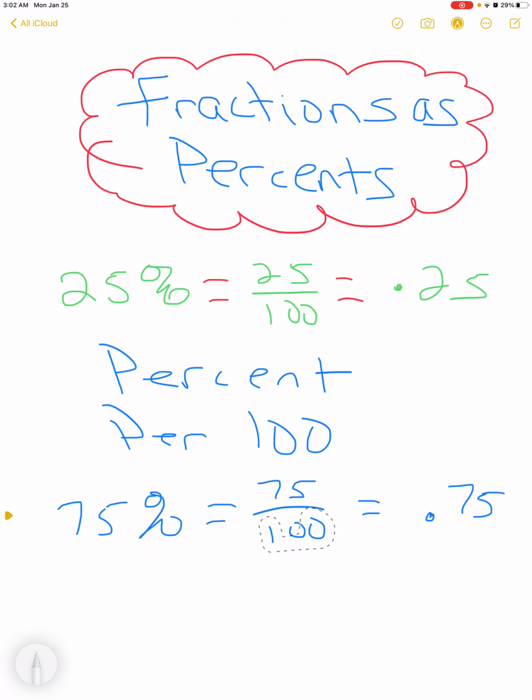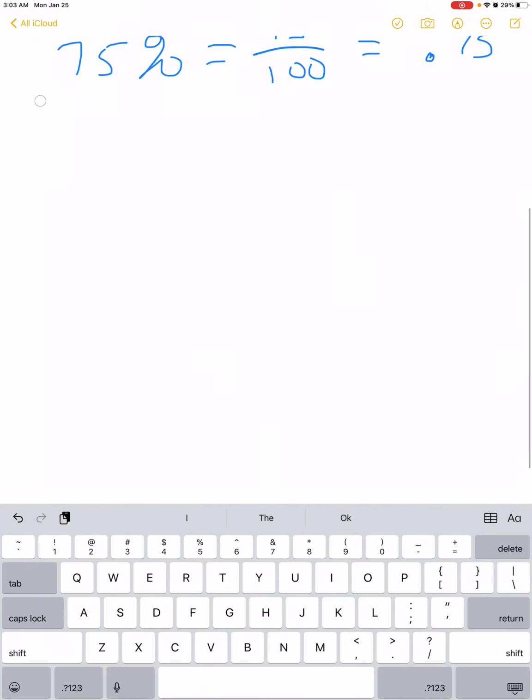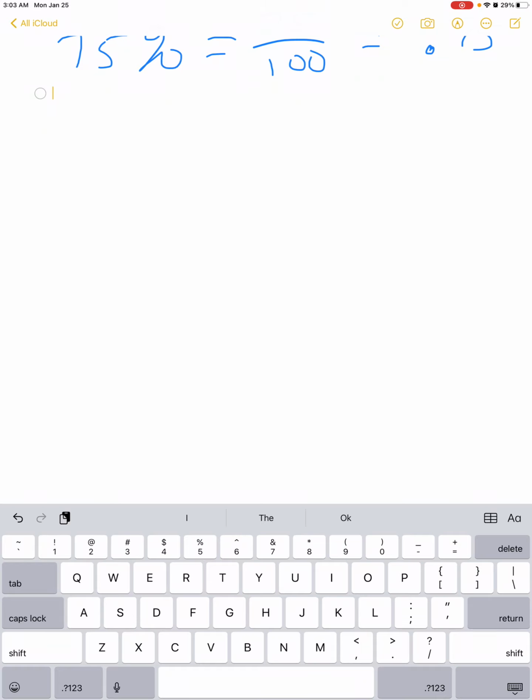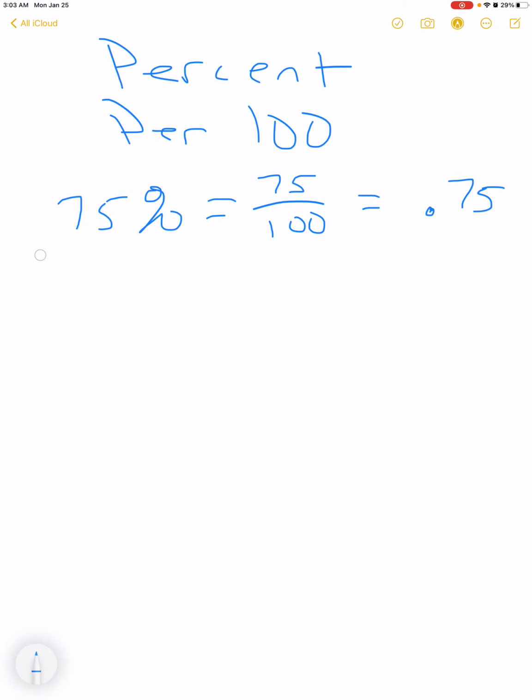So let's talk about the standard algorithm for converting fractions to percents. Standard algorithm means the regular way, the standard way of doing the math problem.